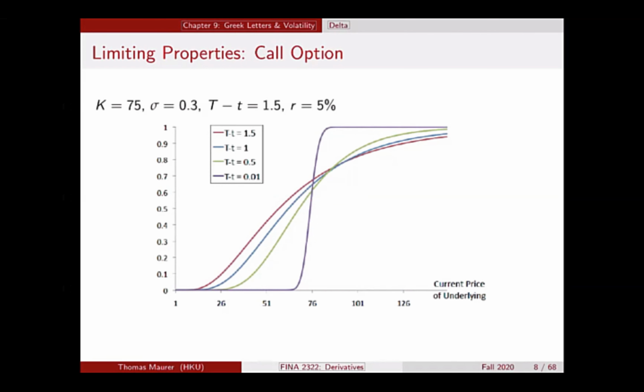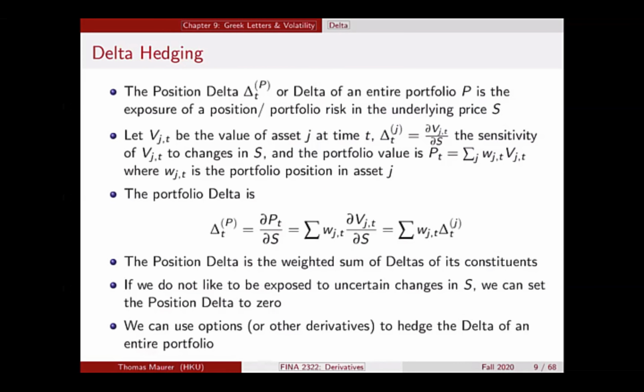So if you think about an entire portfolio and would like to figure out what is the change in your entire portfolio P, if the price of an underlying S changes by a little bit, well, then we can construct this delta of the entire portfolio.